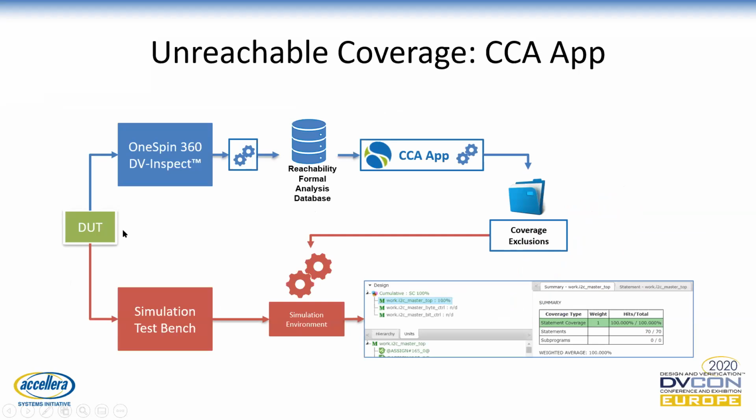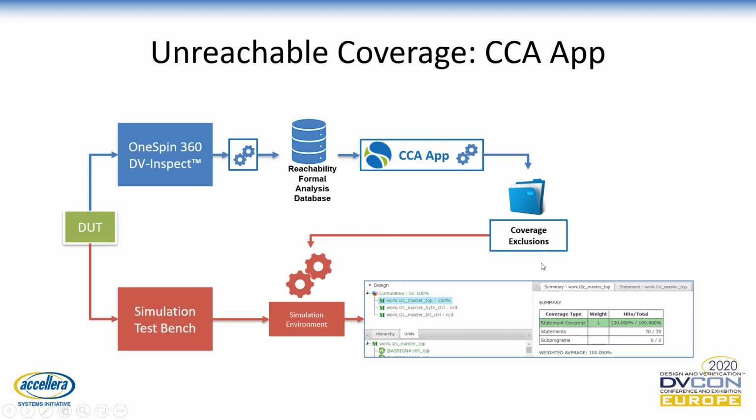How does it work? You have the design, then you have the simulation test bench being developed. The dead code analysis is run, then the reachability formal analysis database calls the CCA app, which ends up in coverage waivers that are later fed to the simulation environment. And this is boosting up the coverage metrics.